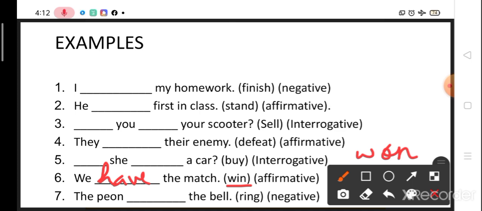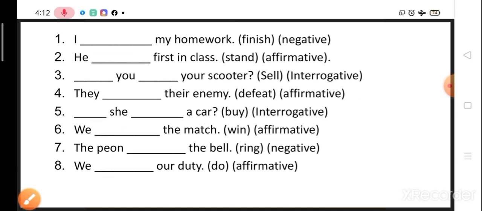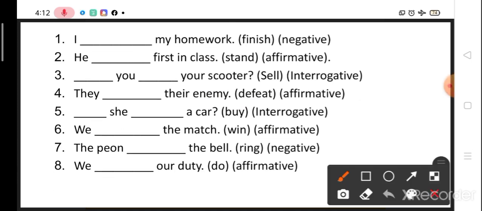The peon, negative sentence we have to make with correct form of ring. Again he or she, the peon is the noun used for he, like if we have to substitute it with the pronoun it will be he, and so with the peon we will write has.